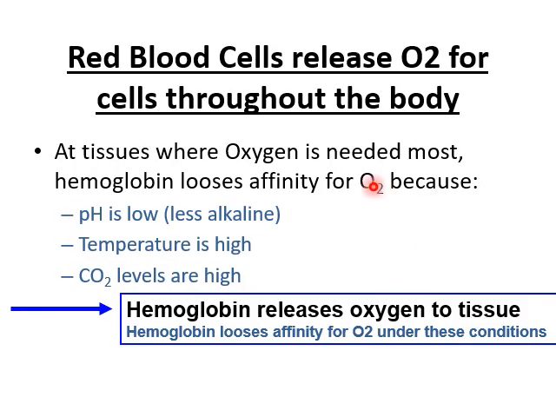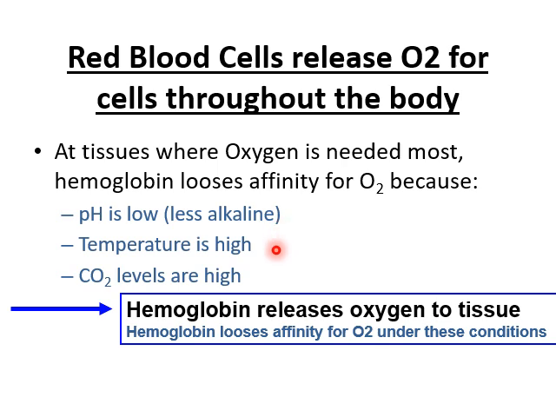And then we talked about the release in the tissues. At tissues where the oxygen is needed the most, hemoglobin loses its affinity for oxygen because we have a lower pH, more hydrogen ions.